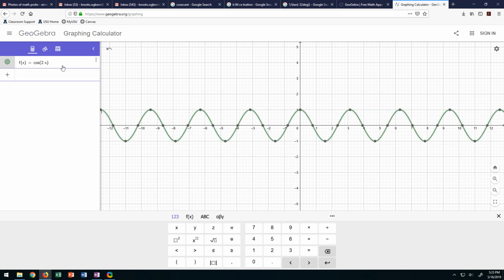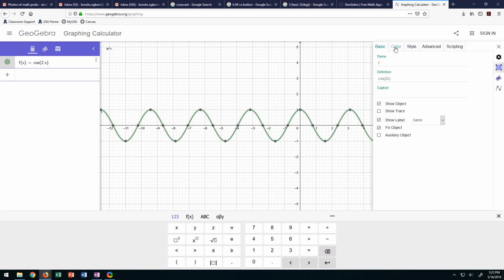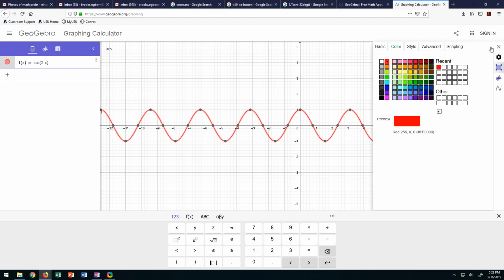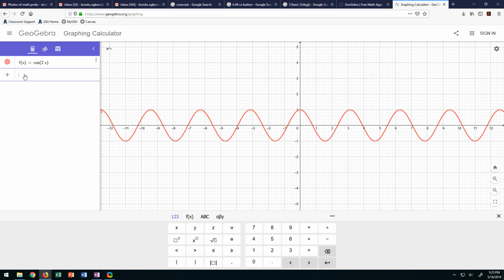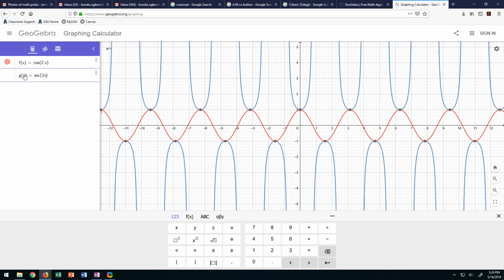Alright, I made it green. Oh well. I'll make it red here in a second. Not that this matters much. There, red. Nailed it. Alright, now I'm going to make another function, and this is going to be equal to the secant of 2x. And please make it blue. Oh yeah, I made it blue.